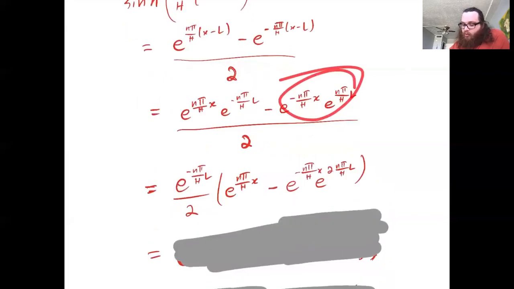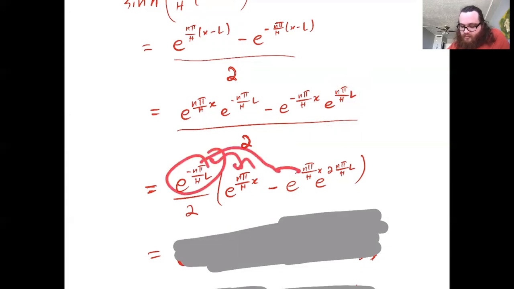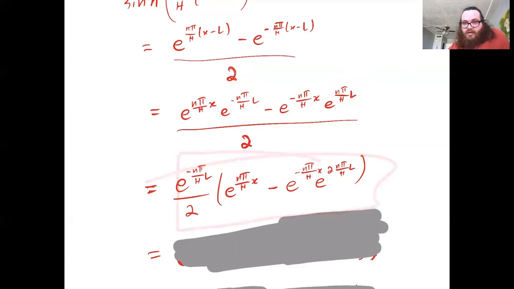Well, you're going to pick up another factor that looks like this. Another way to check is to take this and distribute it. Do we end up with this expression? In this case, yes, we do. So if you factor out this e to the minus n pi over h L, this is the resulting expression that you end up with.